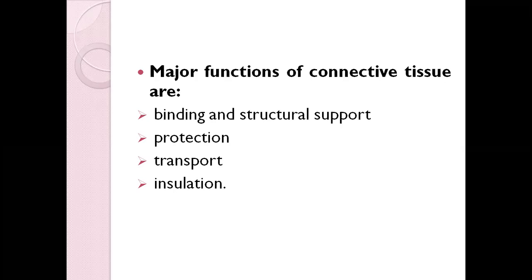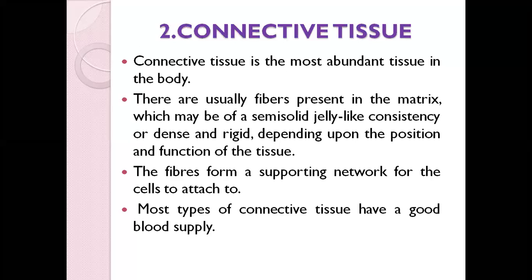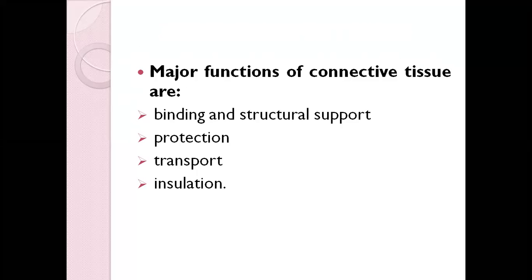Then it also helps in the transportation of certain molecules and substances, okay, nutrients, all those. And insulation, it means it helps in maintaining the temperature of the cells, or the temperature of particular surfaces or particular organs. So these are the main functions of the connective tissue. First, it helps in binding and structural support.